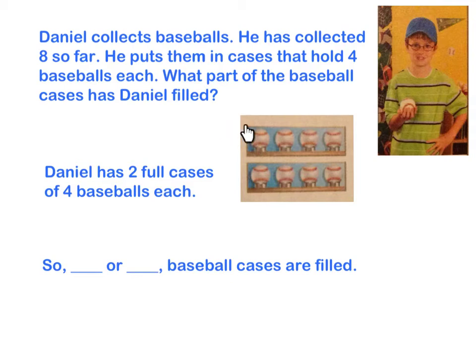Here, Daniel has 2 full cases of 4 baseballs each. So think of 1 case as being broken into 1, 2, 3, 4 equal parts, or fourths. So our denominator in this problem is going to be fourths. Our question asks, what part of the baseball cases has Daniel filled?